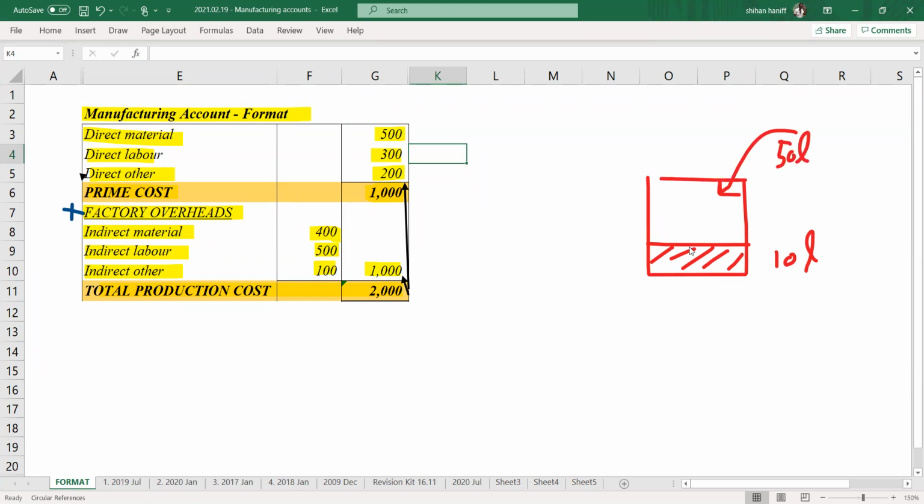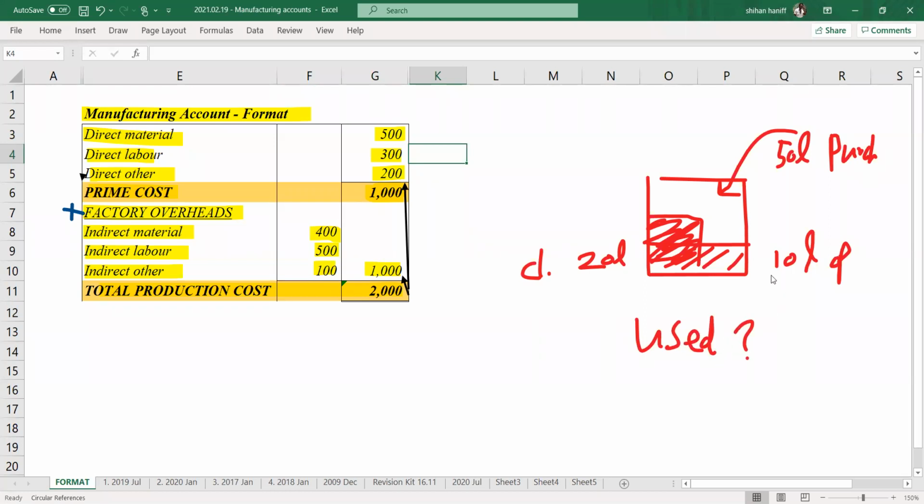At the end, you have 20 liters closing balance. This is opening balance. This is purchase. How much is used?